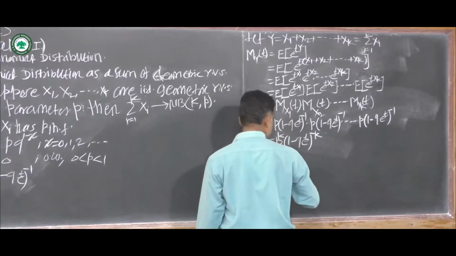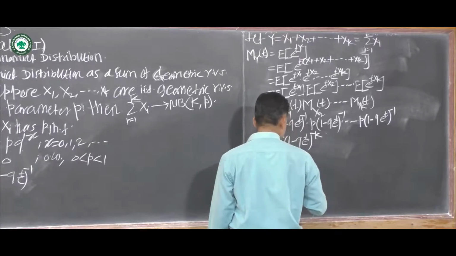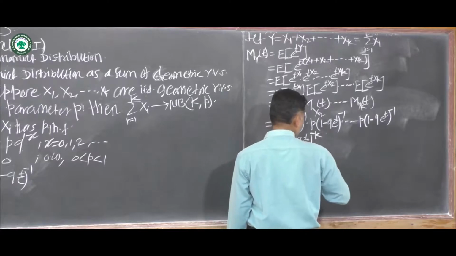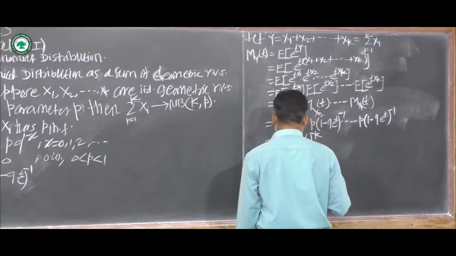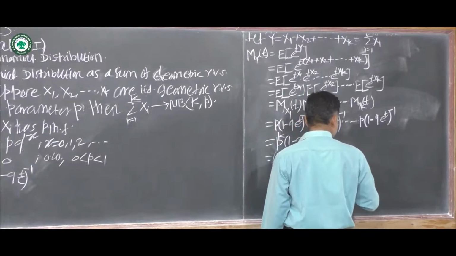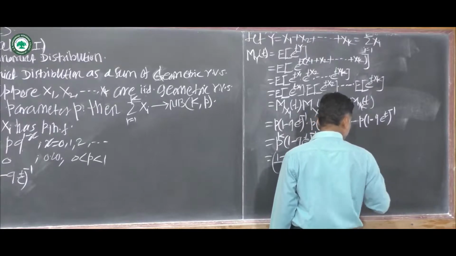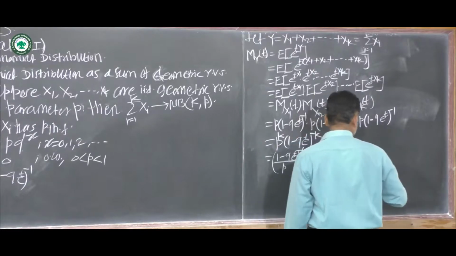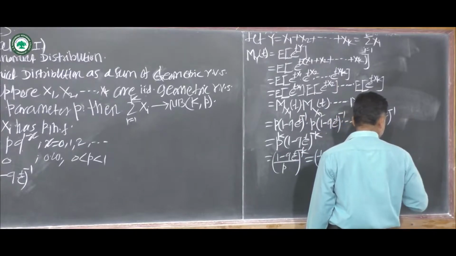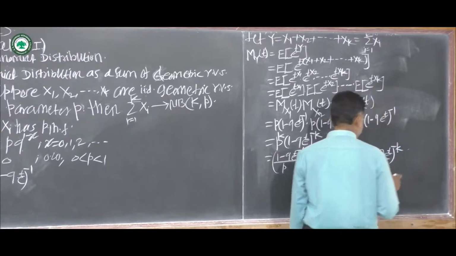Again this can be written as (1 minus q into e raised to t, upon p) raised to minus k, again which is equal to (1 upon p minus q upon p into e raised to t) raised to minus k, again which is equal to (Q minus P into e raised to t) raised to minus k.